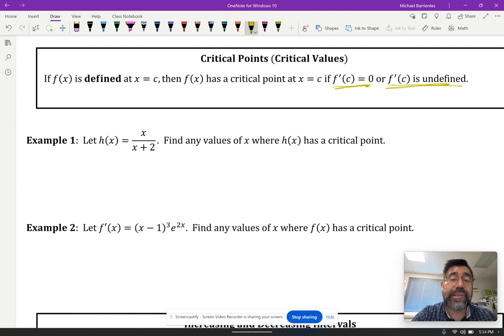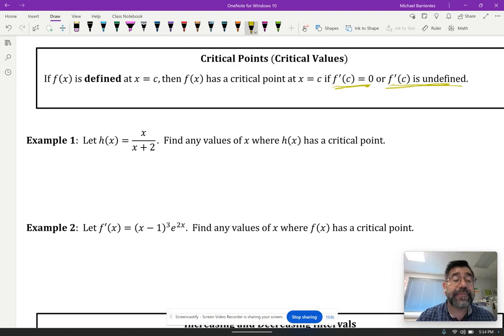That's all a critical point is. In order to find critical points, the very first thing we need to do is find the derivative and then set the derivative equal to 0, or if it's a rational setup, then I need to know when it's undefined, and rational functions are undefined whenever the denominator is equal to 0.